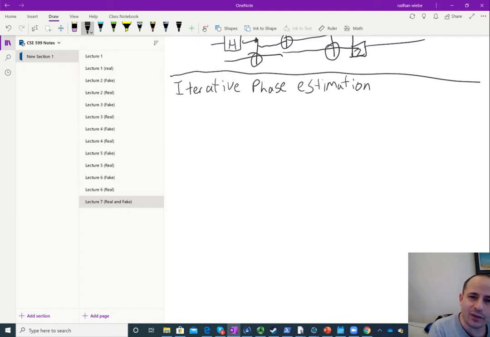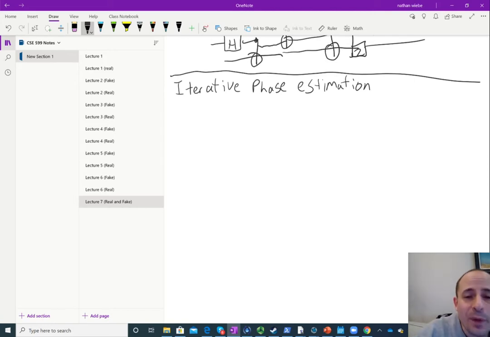But given the fact that we've talked about the swap and the Hadamard tests recently, I thought it's a lot more straightforward for us to skip a step and go straight to phase estimation before we talk about the quantum Fourier transform, because it's not needed in order to estimate an eigenvalue.